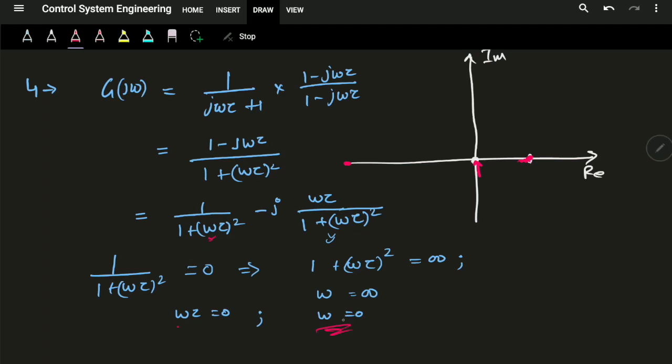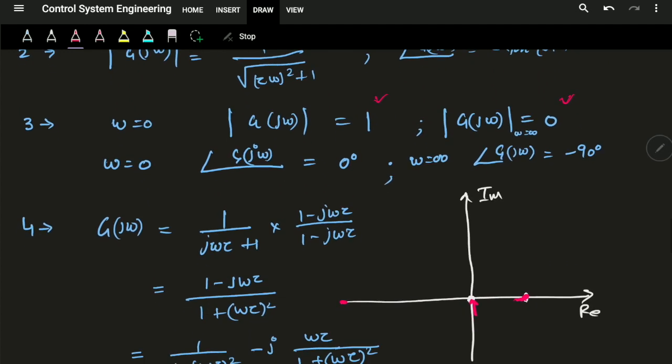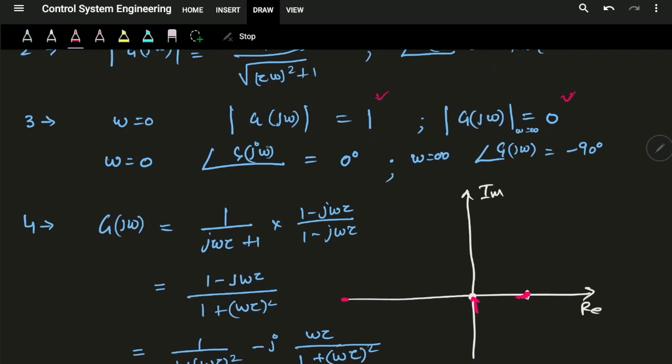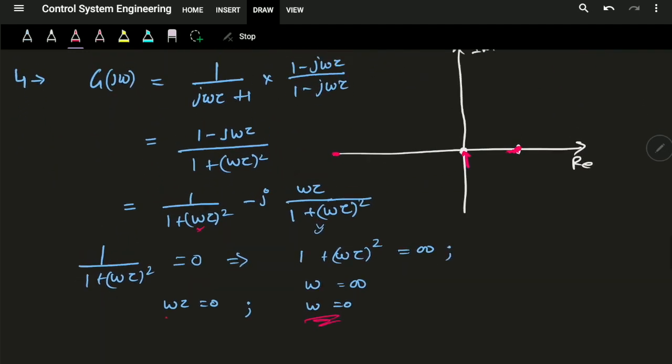With this information, we see that omega equals 0 and omega equals infinity are the only such points. We already calculated the magnitude there: at omega equals 0 we have magnitude 1, and at infinity we have 0 magnitude. Other than these two points, no point exists on the real and imaginary axes. So we can draw the polar plot, which starts at angle 0 degrees from here and goes to 90 degrees at this position.